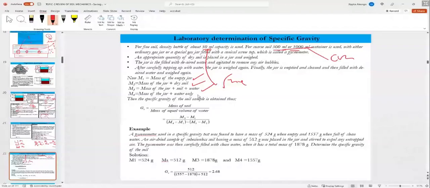The specific gravity is the mass of the soil to the mass of an equal volume of water. Work through all these formulas and follow this example, and you'll be able to calculate the specific gravity.